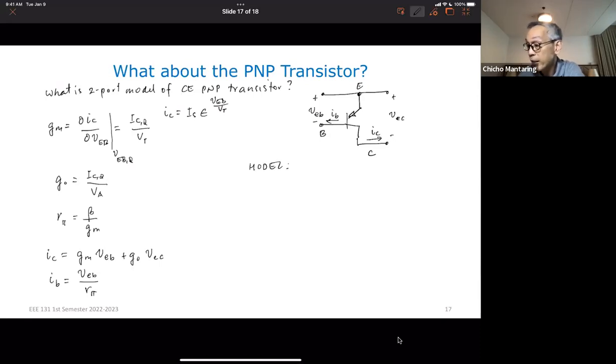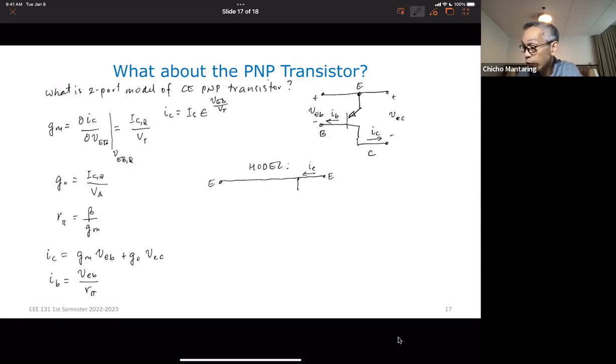Okay, so I'm going to draw my E up here. This is going to be my E, my emitter. My current is going to be flowing this way. No, that is IE. There are going to be two components.